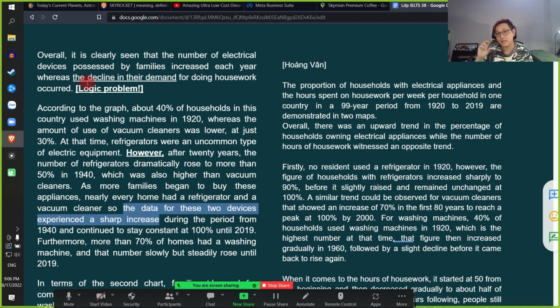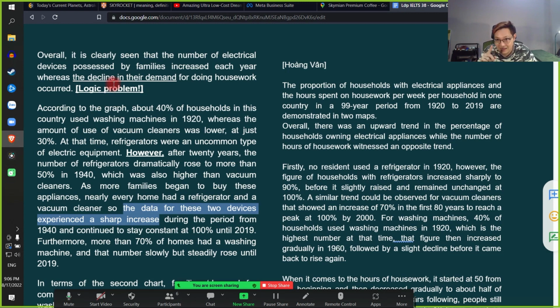Okay, I explain again. Now, you said that the decline in demand for doing housework occurred. You're not so sure if the demand for doing housework actually decreased. Em đâu có chắc là cái nhu cầu để làm việc nhà nó giảm đâu.